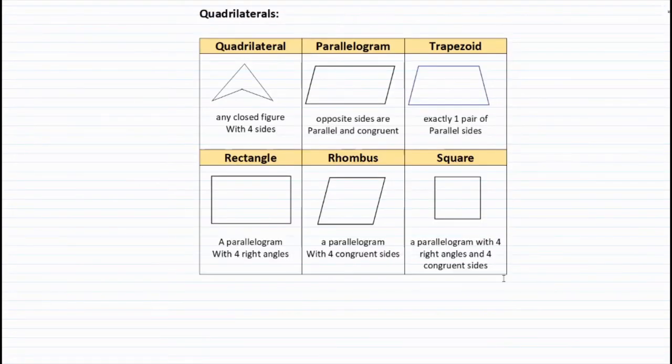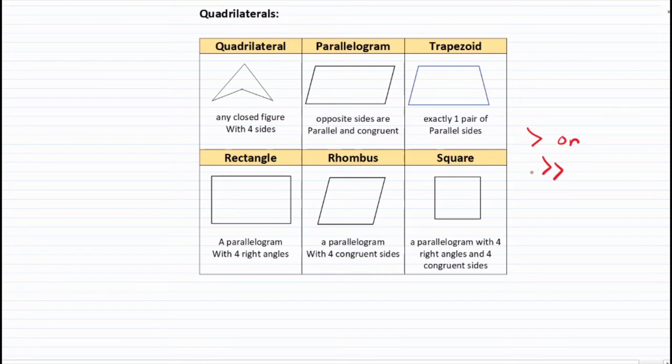This table shows us the different types of quadrilaterals. Quadrilaterals are also classified by the types of sides and angles they have. The sides of quadrilaterals with the same number of arrowheads, single or double, are parallel, and the sides with the same number of tick marks are considered congruent.